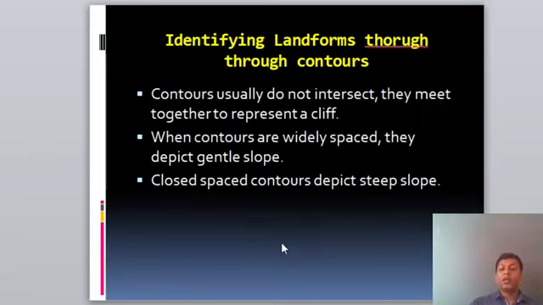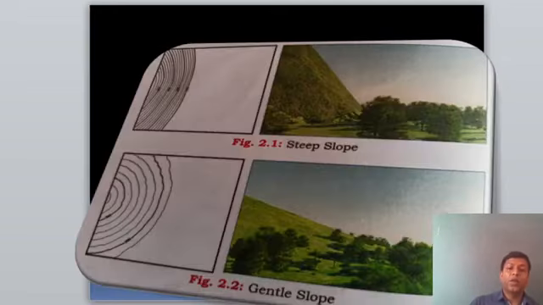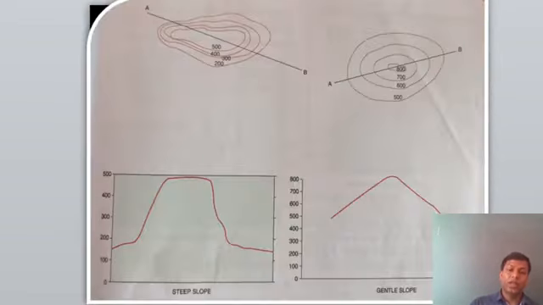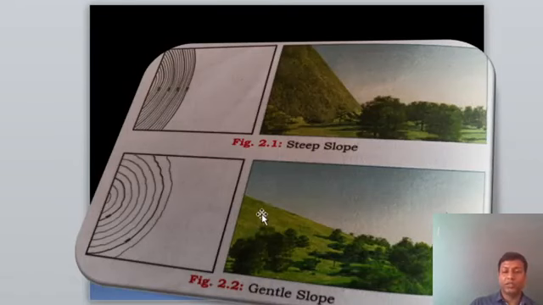Now, identifying the landforms through contours. Before I go to that, we have slope, steep slope and gentle slope. Look at this picture. This is a gentle slope, this is a steep slope.